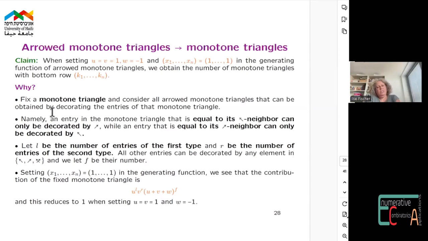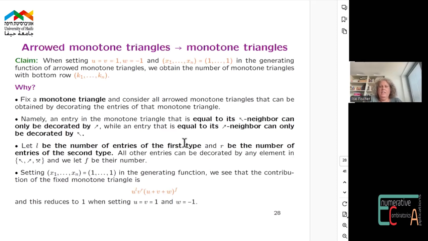So how should you think about this? Well, you fix a monotone triangle, just any monotone triangle, and you consider all arrowed monotone triangles that can be obtained by decorating the entries of that particular monotone triangle. There are 3 types of entries. One type is when an entry is equal to its northwest neighbor, then that entry has to be decorated by a right arrow.